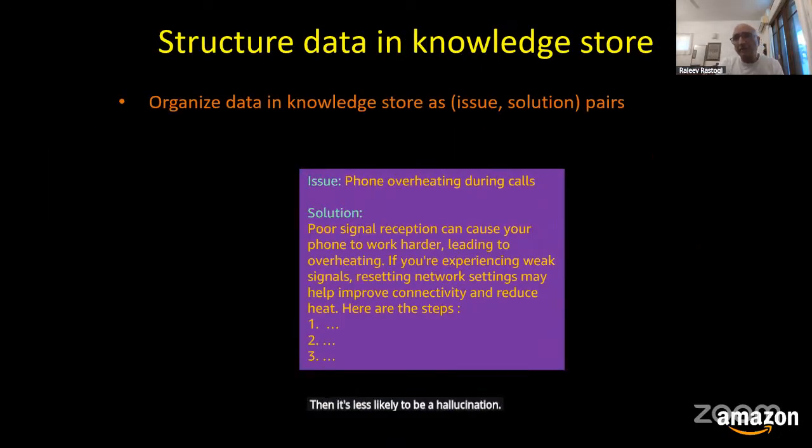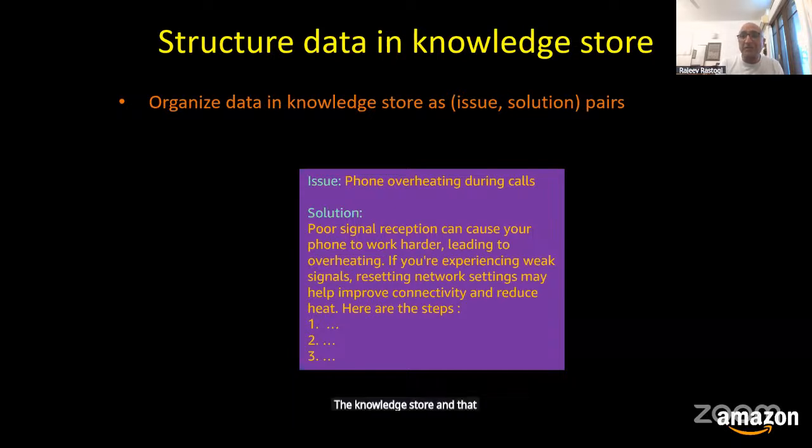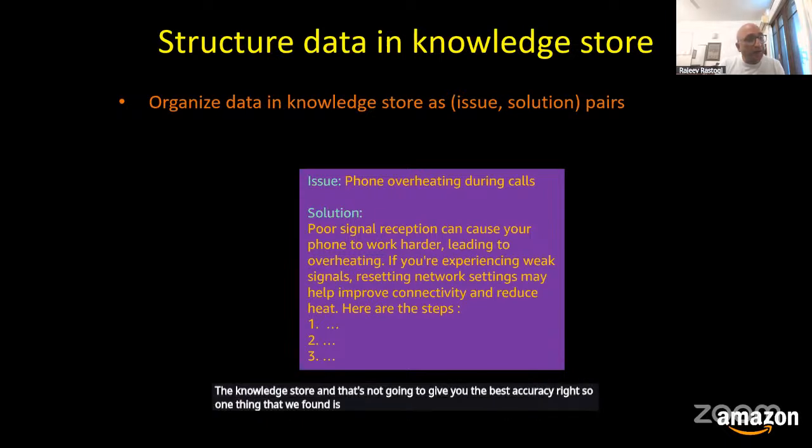Another interesting thing with the troubleshooting chatbot that we found is how you store data in your knowledge store, right? You can just take text blobs and shove them into the knowledge store, and that's not going to give you the best accuracy. One thing that we found is that curating the data in the knowledge store and structuring it into logical chunks helps to improve the accuracy of responses.